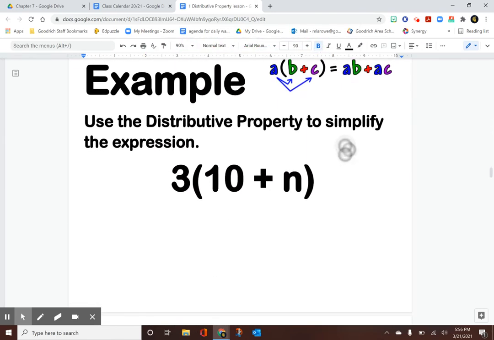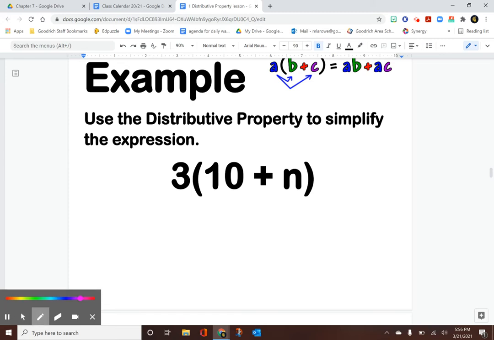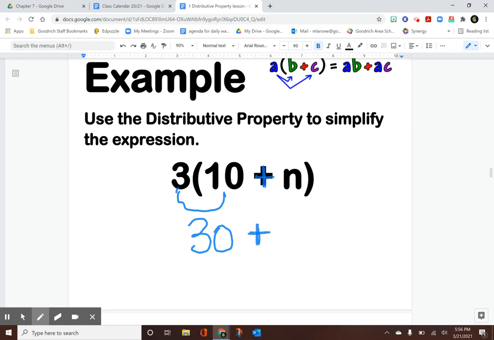My next example here is to simplify this expression using the distributive property. So I'm going to multiply 3 times 10, and I'm just going to solve that, which is 30, plus, now I'm going to multiply this term by the variable term. I also have 3 groups of n, which just looks like this.